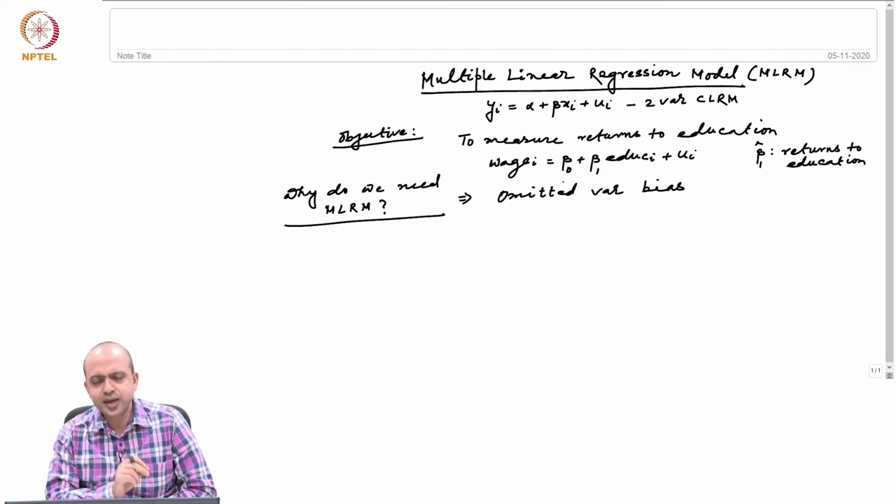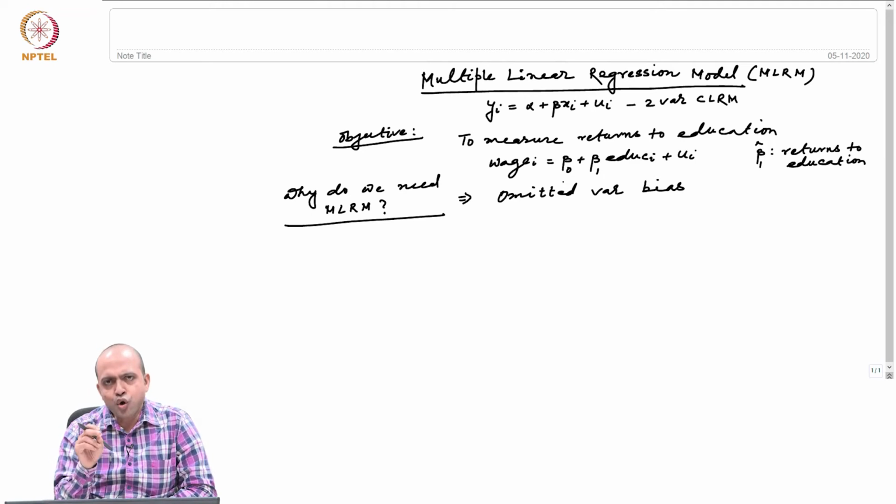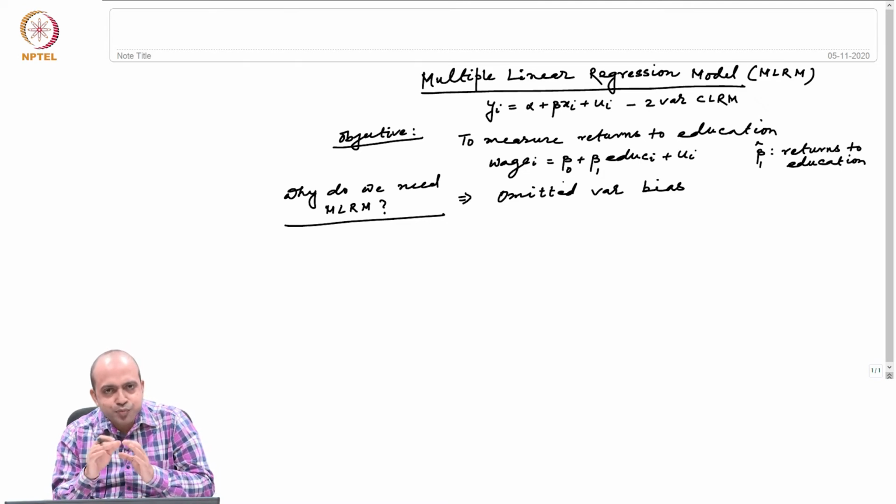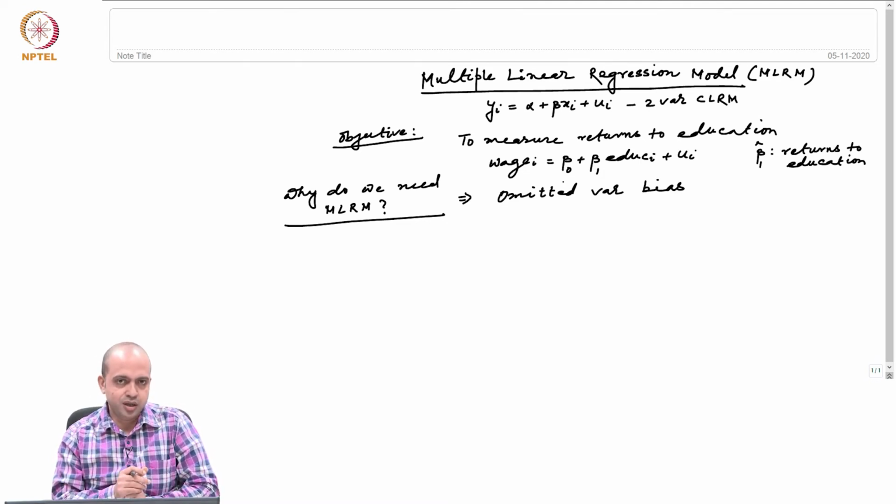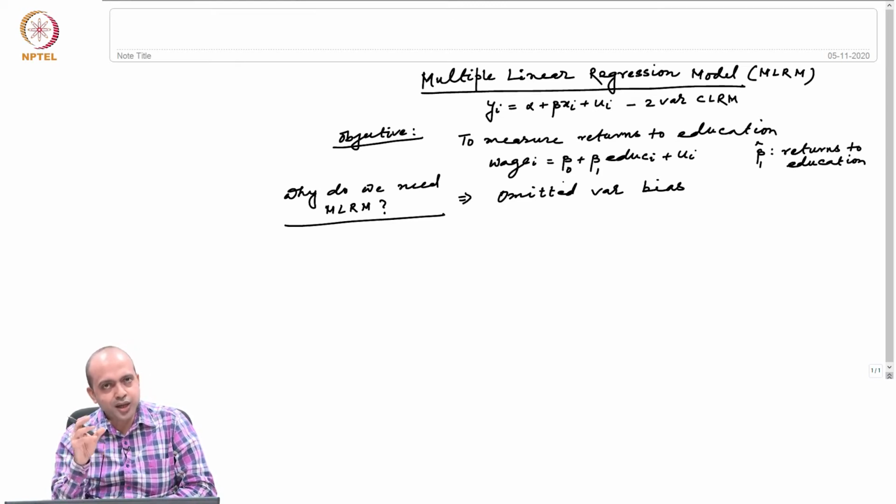This is like in pure or natural science: when scientists conduct an experiment, they do it in a laboratory, and in that laboratory setup the impact of other factors is kept constant.